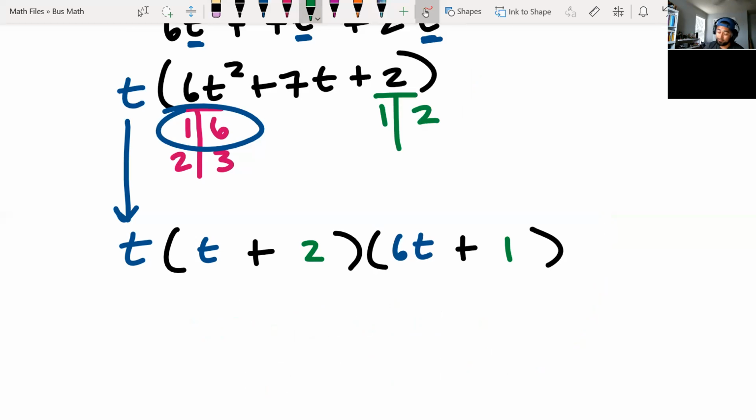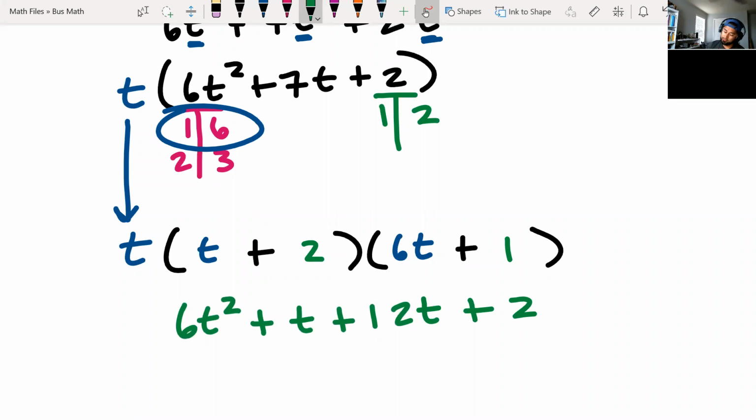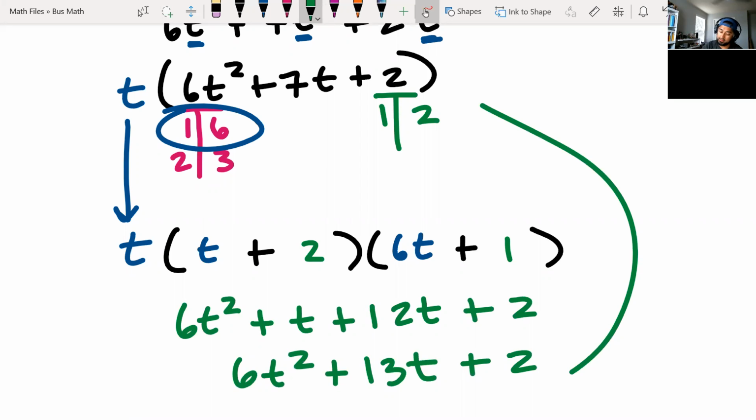And let's see if that works. 6t squared plus t plus 12t plus 2. I get 6t squared plus 13t plus 2. Does this look like that one? No, sir. Definitely not.